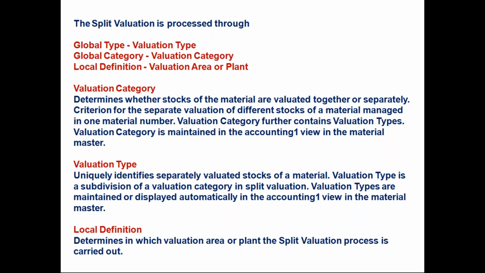The valuation category further contains valuation types, and it is maintained in the accounting one view in the material master. In the interview, they will ask, what is a valuation type? It uniquely identifies the separately valuated stocks of the material, which is also maintained in the material master. And local definition means in which plant the split valuation process is to be carried out.